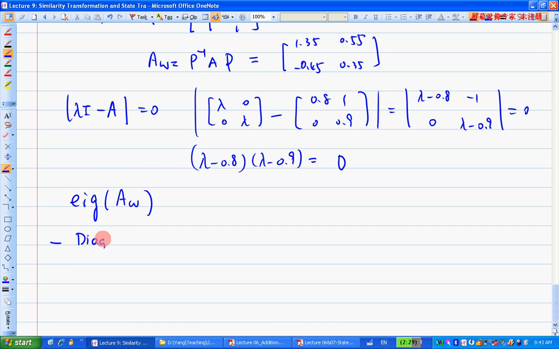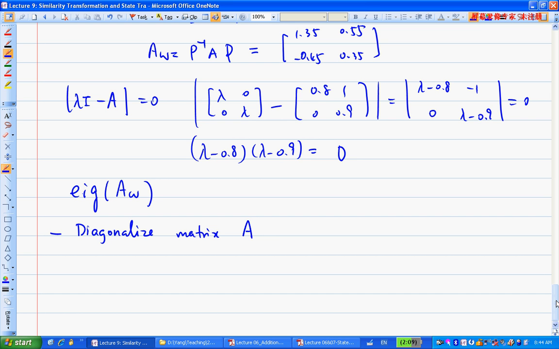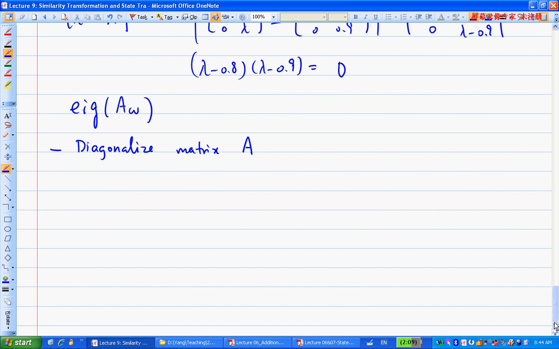So the next topic is that I'm going to diagonalize matrix A. Since the diagonal form of A is of particular interest, let's see how to diagonalize this matrix A through a similarity transformation. To do that, we have to come up with certain assumptions first, because unfortunately not every matrix A can be diagonalized.